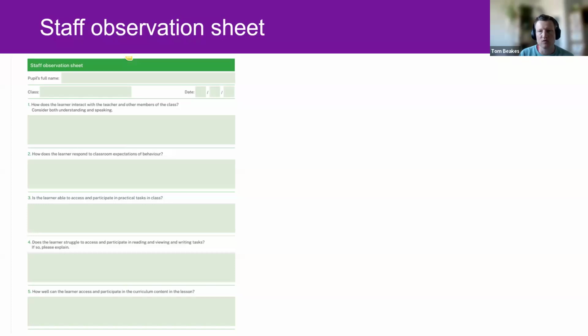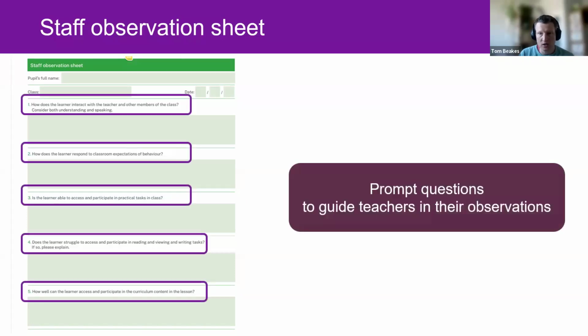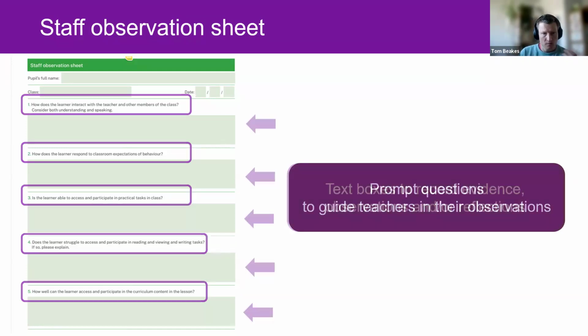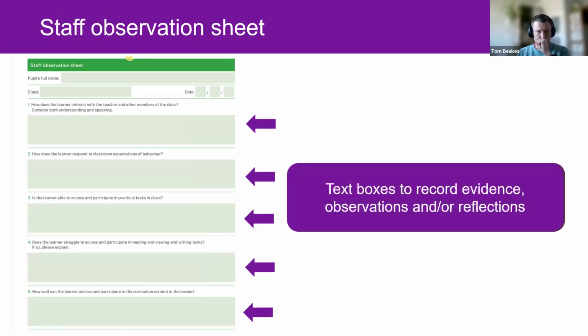So within these observation forms, there are guiding questions to focus those observations. For example, how does the learner interact with the teacher and other members of the class? Encouraging teachers to consider both understanding and speaking as well, as well as text boxes to record the evidence and observations.